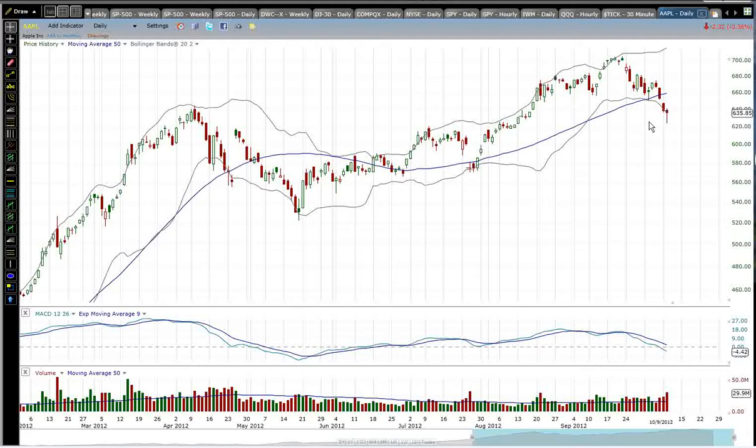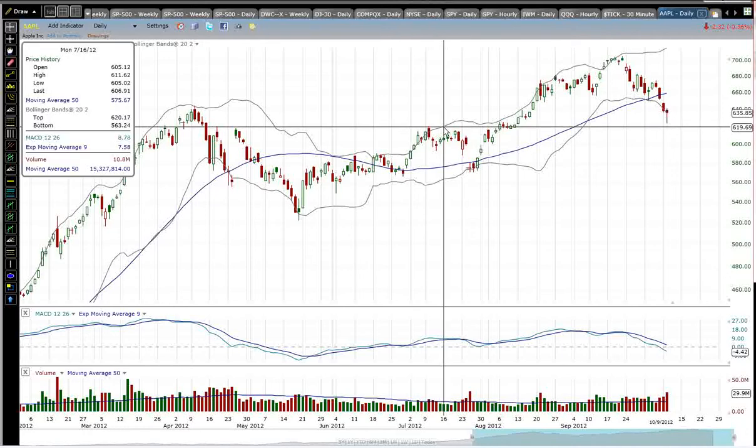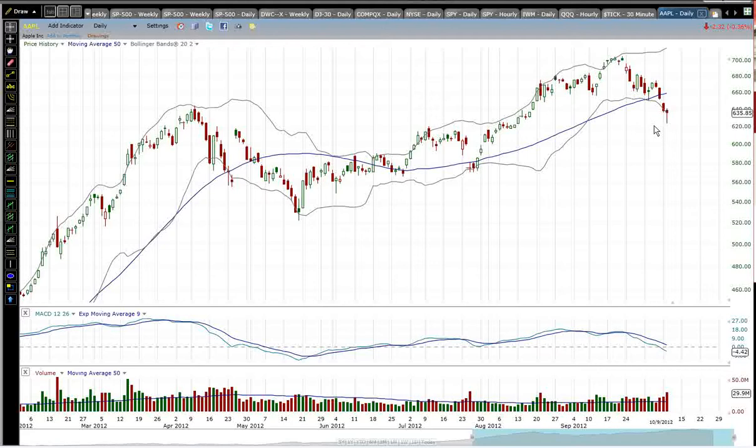So I've noted several times recently that if Apple closes back below that 620 level, that's probably a negative for the stock. So what we're seeing here is the market pulling back, finding support, and then forming a reversal bar at the lower Bollinger Band here above this support level. So this is potentially an upside reversal point for Apple.